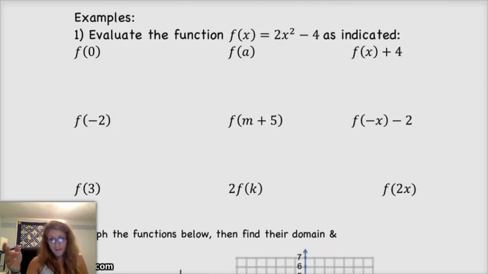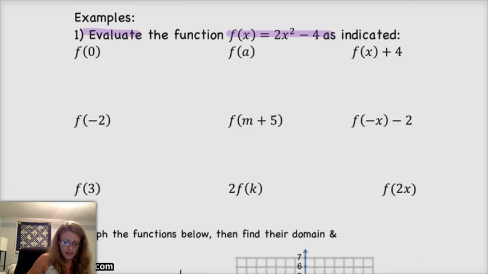Okay, sometimes people get confused when the problem says evaluate, and basically all it means is figure out what the function equals when x is that number. So in this case, we have a function f of x, which is 2x squared minus 4, and then it says evaluate f of 0, and basically all that means is, hey, when x is 0, what's f of x?